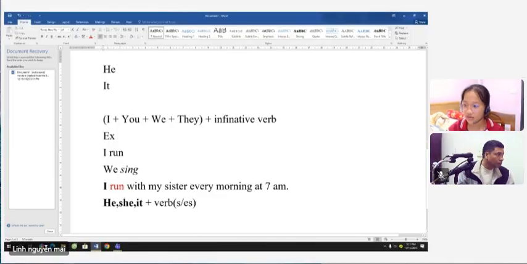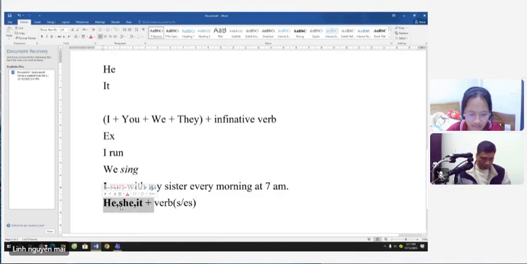He, she, it, or the nouns that are just one, like a dog, a cat, okay? Or a bird, or some names, okay? The verb that goes with these will have s or es added to the verb, okay?